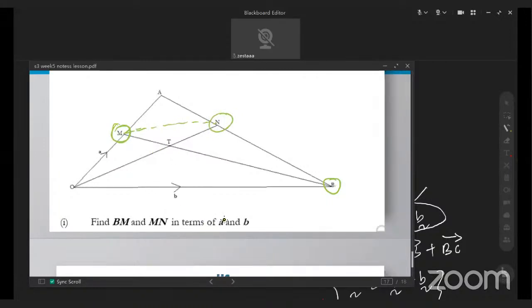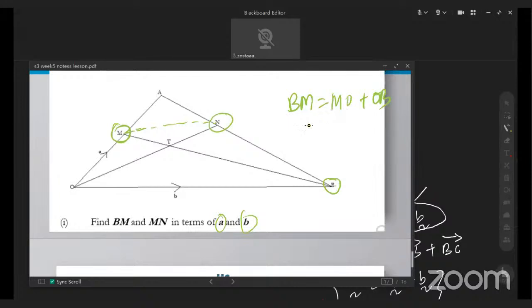But we are putting them in terms of AB, just as we said. If it is BM, we know it is from B to M. So you can say MO plus OB. Quick as that, I think it's simple as that.